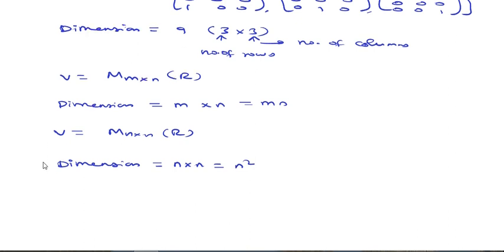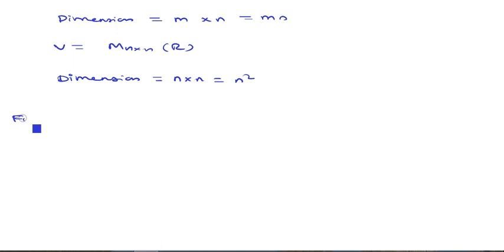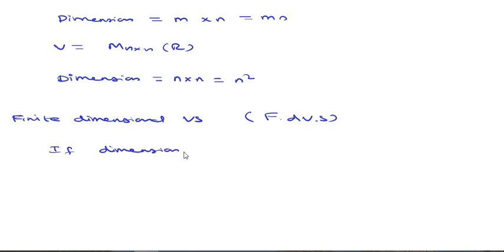So let us see the definition of a finite dimensional vector space. A finite dimensional vector space, we call it FDVS. If the dimension of a vector space is finite, then V is a finite dimensional vector space.